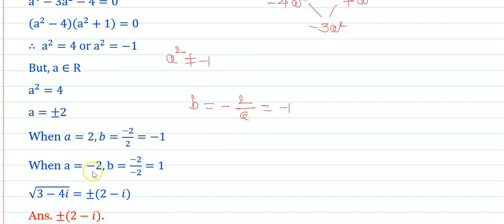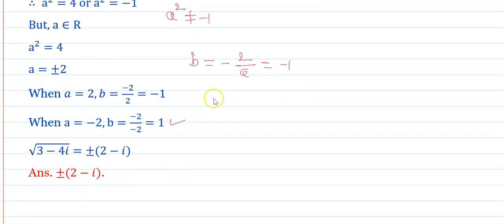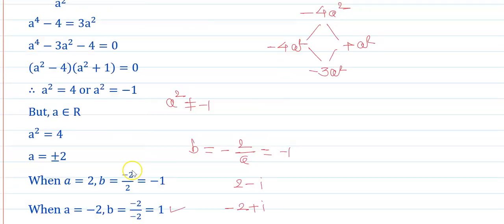When a is equal to minus 2, b is equal to minus 2 upon minus 2, you will get here 1, and hence the first root is 2 minus i, and the second root is minus 2 plus i, and if we combine it, then you will get that the square root of 3 minus 4i is equal to plus or minus (2 minus i), and hence this is the answer.